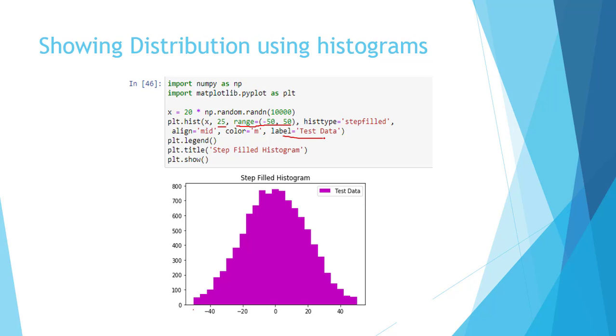Now to show this label, we have to call the legend function, plt.legend, and to give a title to the whole histogram, we have called the plt.title function. After that, we have called the plt.show function. So in this way, we can call the plt.hist function and assign different parameters to show the distribution of data using the histogram.